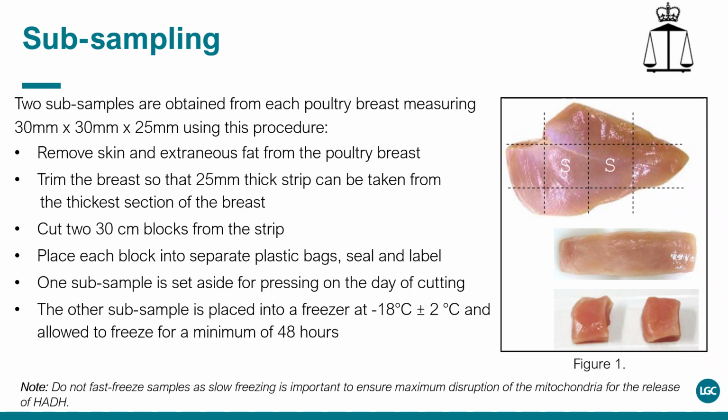The breast is then trimmed so that a 25 mm thick strip can be taken from the thickest section of the breast. 2 30 mm blocks are cut from the strip and each immediately placed into separate plastic bags, which are sealed and labelled. One of the subsamples is set aside for pressing on the day of cutting. The remaining subsample is placed into a freezer at -18 degrees C plus or minus 2 degrees C and allowed to freeze for at least 48 hours.